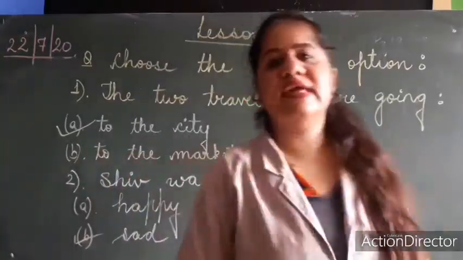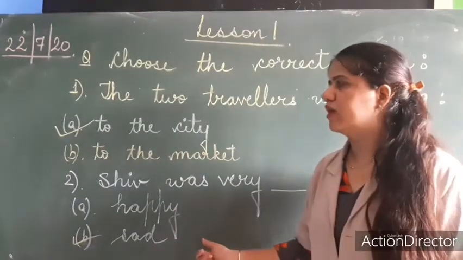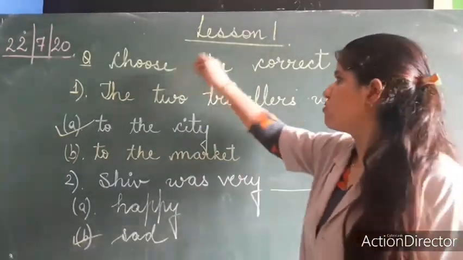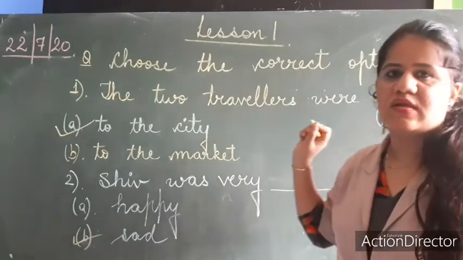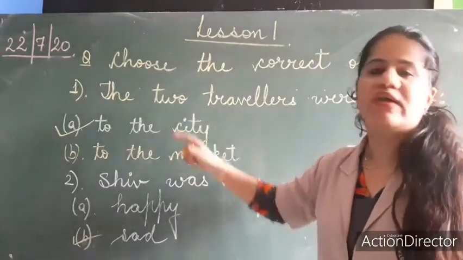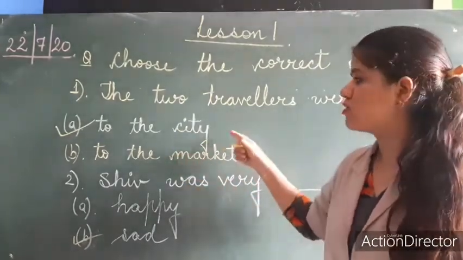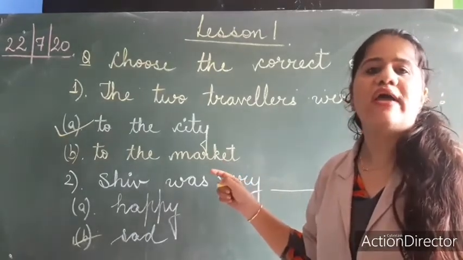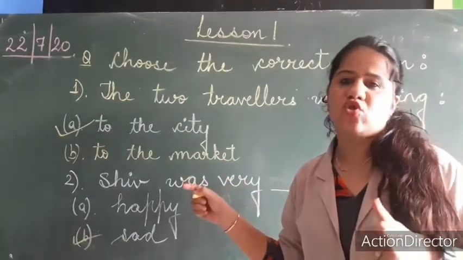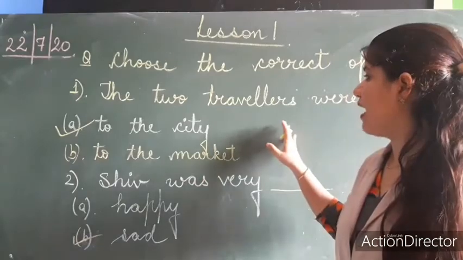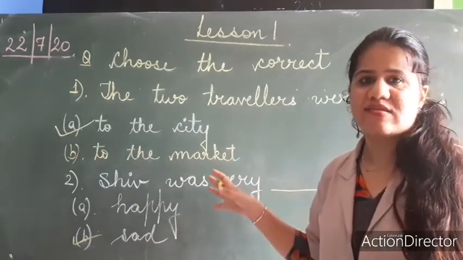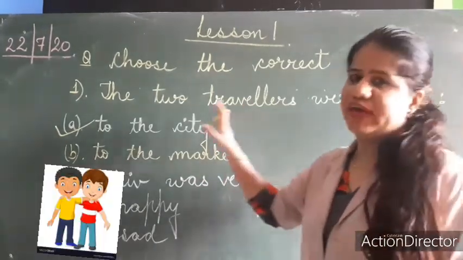Okay? Now see this question on the board. Okay, what's this question? Choose the correct options. Okay, that means you are given one sentence and also two options are given to you and you have to choose the correct option. Now I have taken this from the fill in the blanks. Okay, now let's read out.